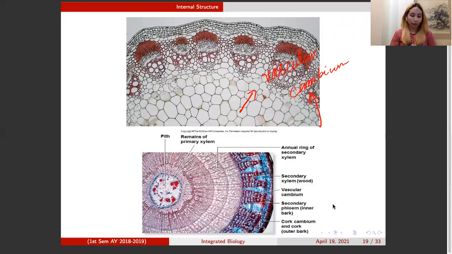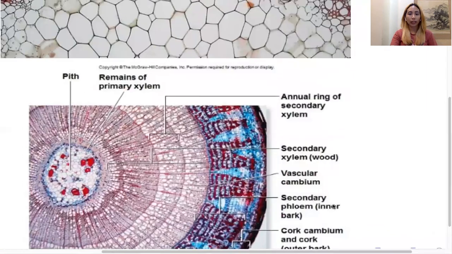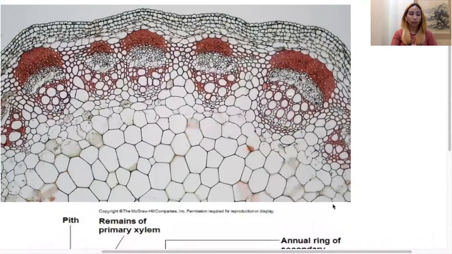Alright. So here, let's erase that first. In the initial dicot stem that we showed, you will notice that we have the vascular bundle, okay? Where we have xylem here and phloem over there. And this area is your procambium.